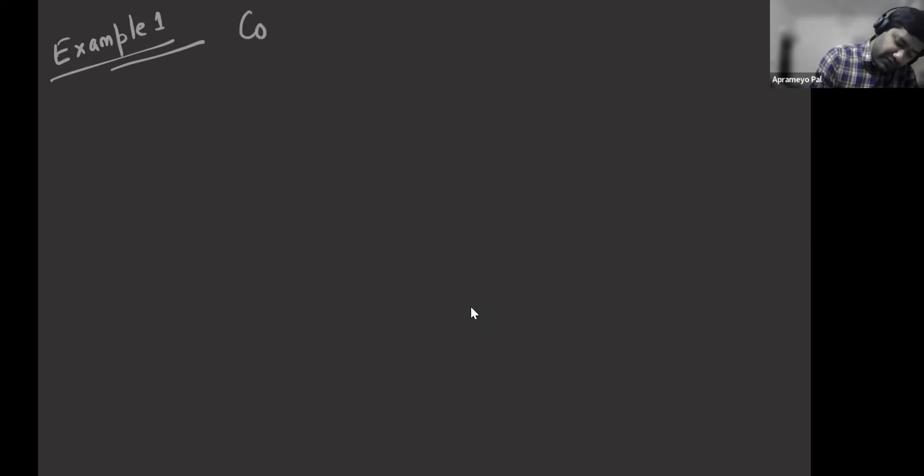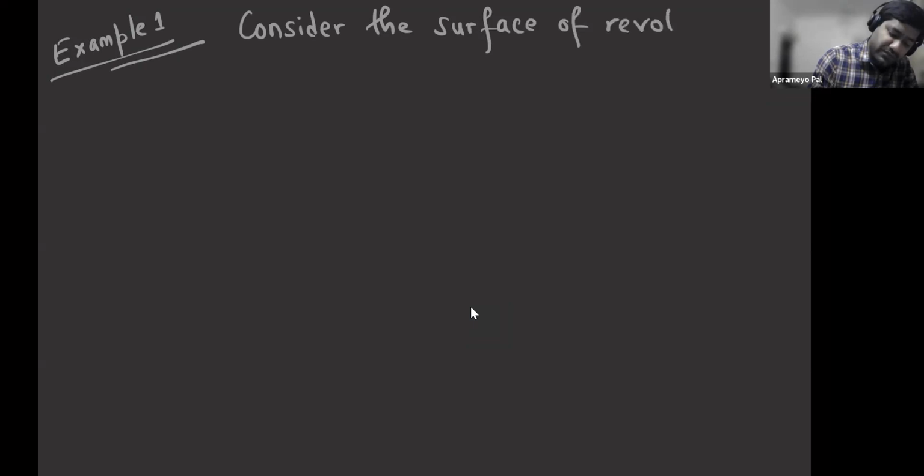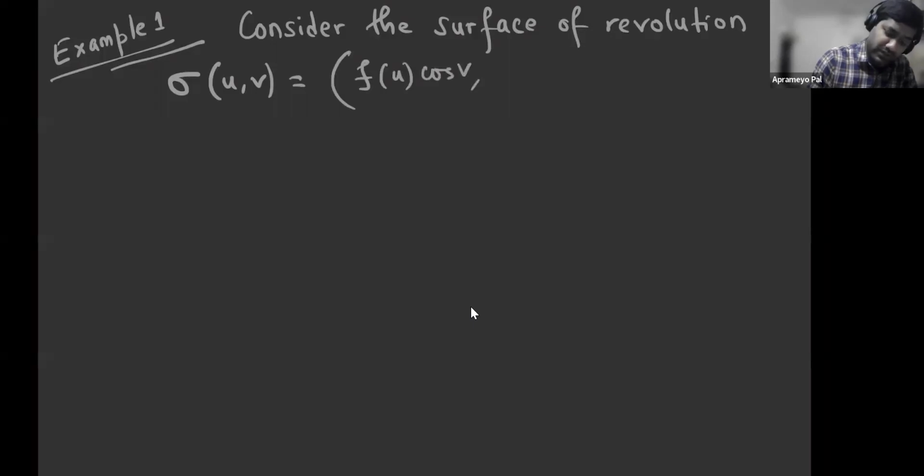So consider the surface of revolution given by the surface patch sigma(u,v) equals (f(u) cos v, f(u) sin v, g(u)).